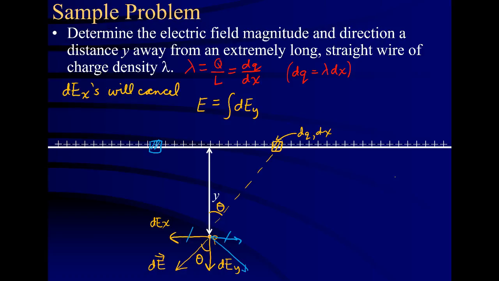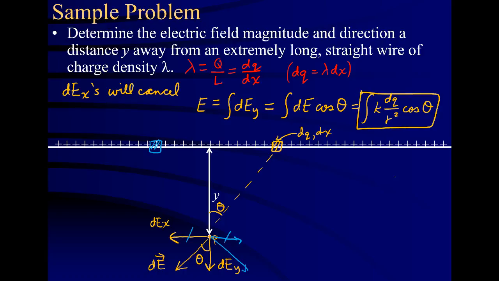Okay, so we've sorted that out, and this is actually going to be the integral of dE, and if we look at our diagram, we're going to want cosine of theta. We would then substitute that dE is k dq over r squared, and then we have our cosine theta. Okay, so we're going to stop here, and next time we're going to look at how we take this and integrate it to find the electric field.